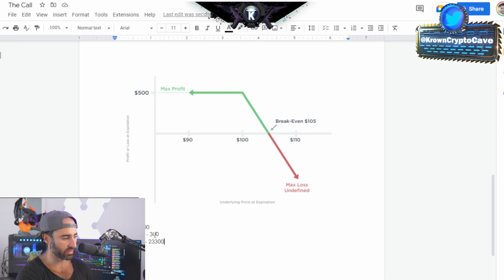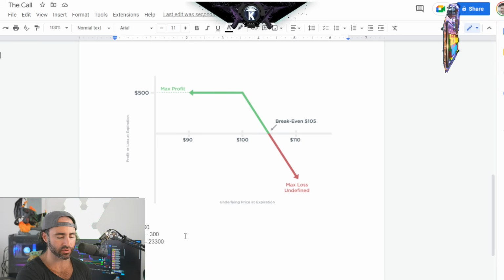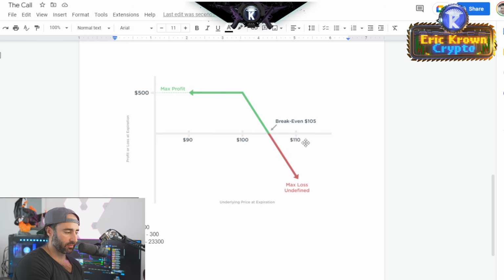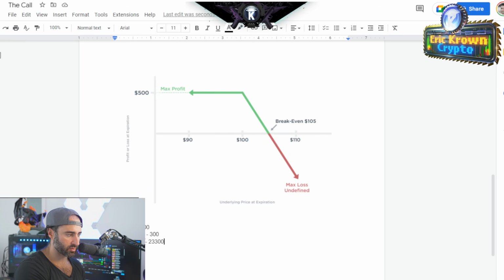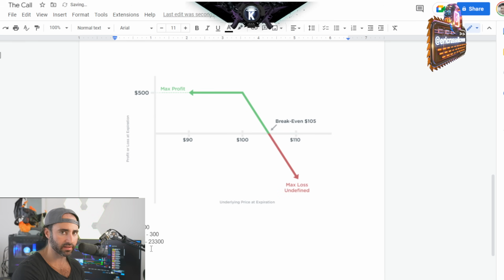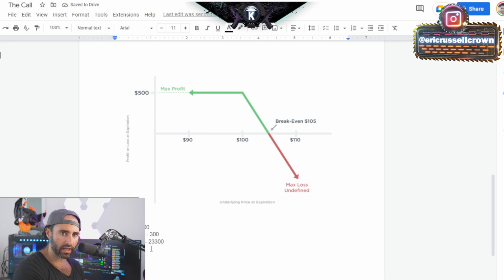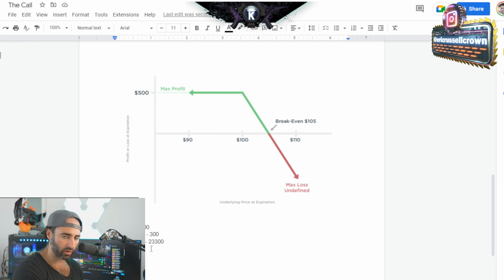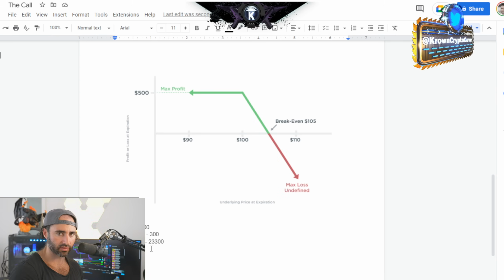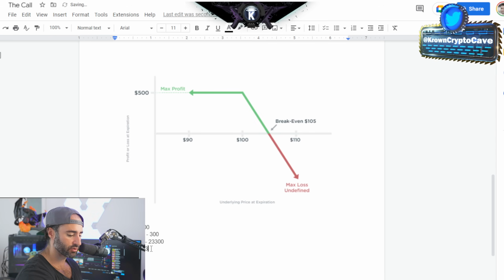We sold it for $300, the strike was $23,000, price action goes to 23,300, and we make and lose nothing. But because you sold that call option for $300, you get to pocket that $300 as long as the price of the underlying is below the strike price by the end of the expiration period. So your maximum profit in this case is 300.